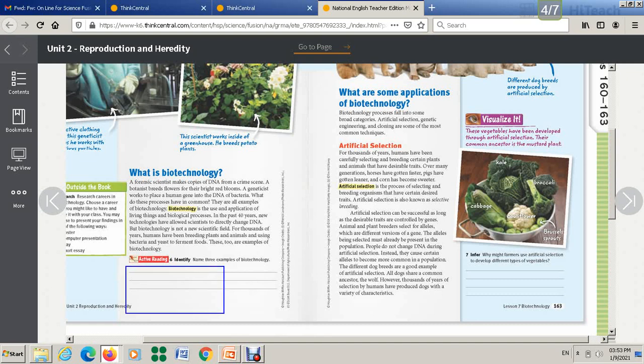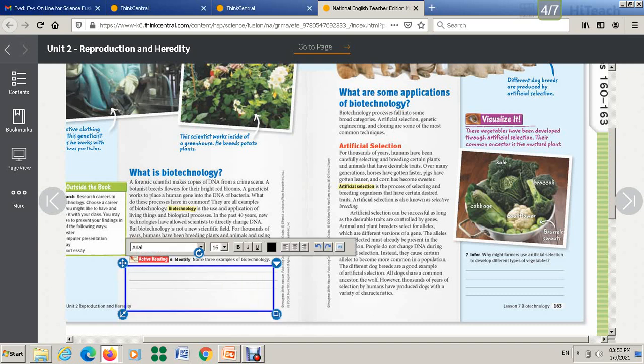Examples of biotechnology: breeding plants, also fermenting food, and copying DNA found at a crime scene. Okay, so this is for question 6.